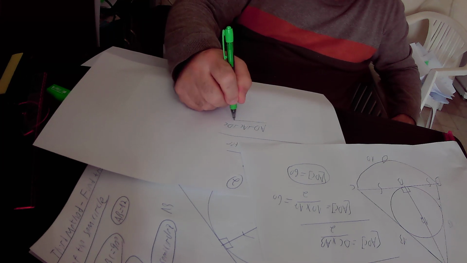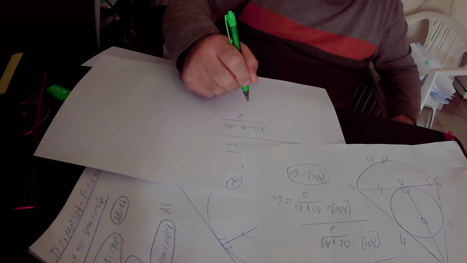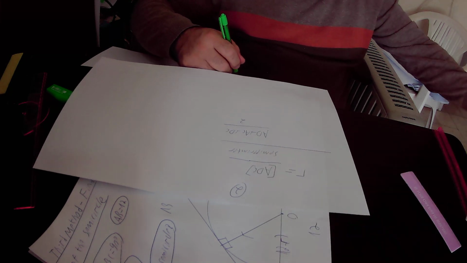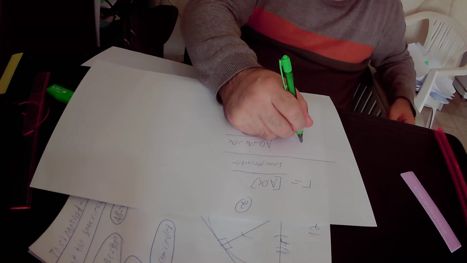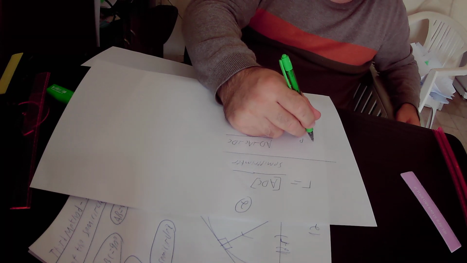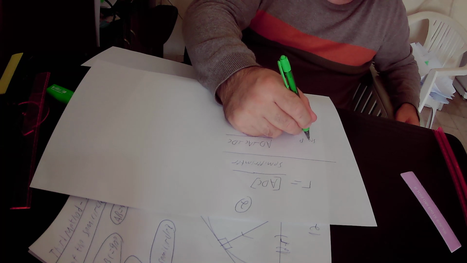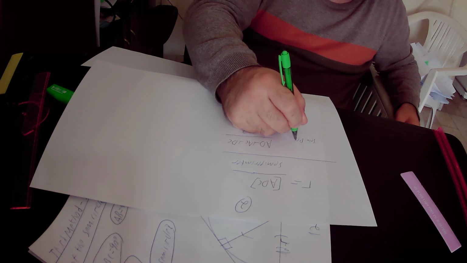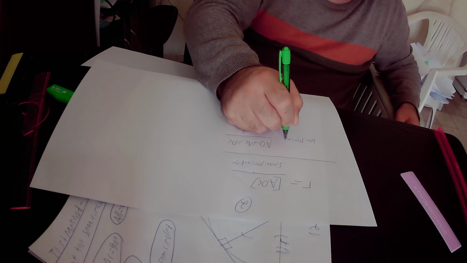So we will divide the perimeter by 2 and you will get this. So the semi-perimeter of triangle ADC is equal to the perimeter over 2.